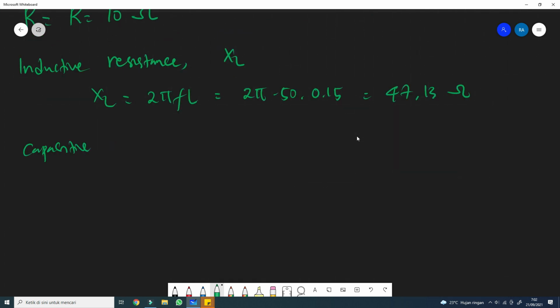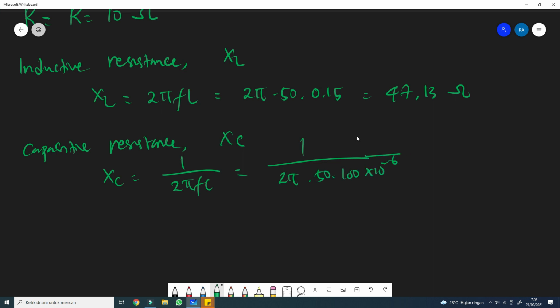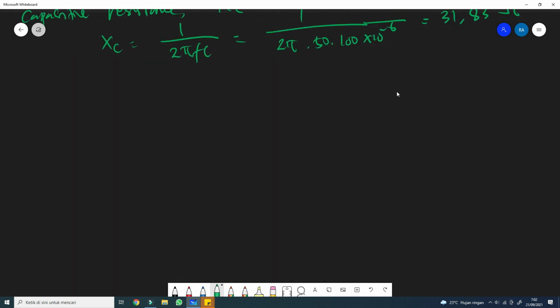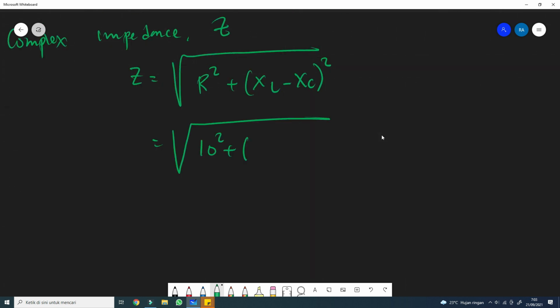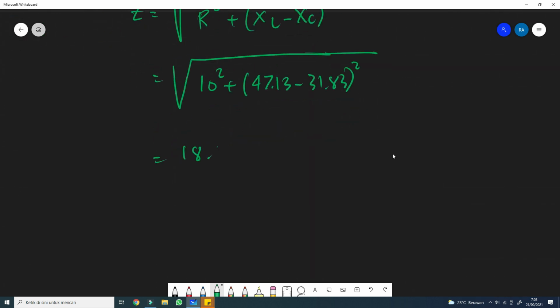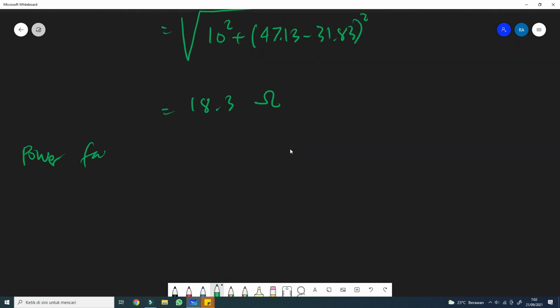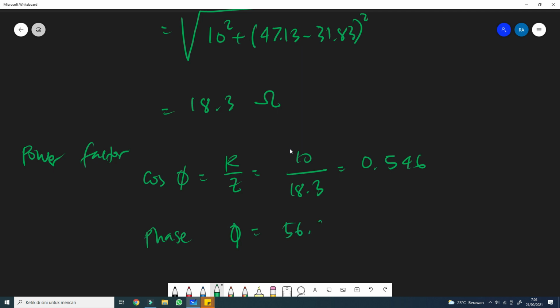And the capacitive reactance XC is 1 over 2 pi FC and we got 31.83 ohm. And the complex impedance Z is the root of R squared plus (XL minus XC) squared, and we got 18.3 ohm. And the power factor is cos theta, which is R over Z, and we got 0.546. So the phase theta is 56.9 degrees.